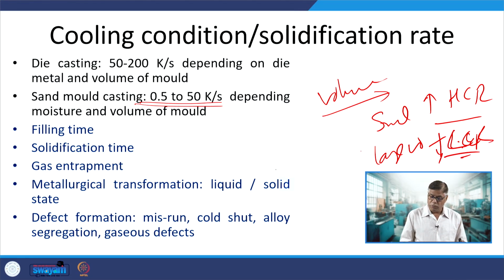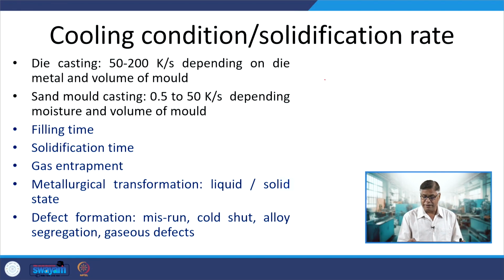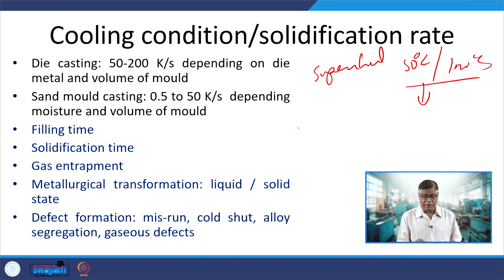And since cooling rate is extremely important in determining how much time there is a superheat, say of 50 degree centigrade or 100 degree centigrade, cooling rate will decide how much time it will take to commence the solidification, to reach the liquidus level.